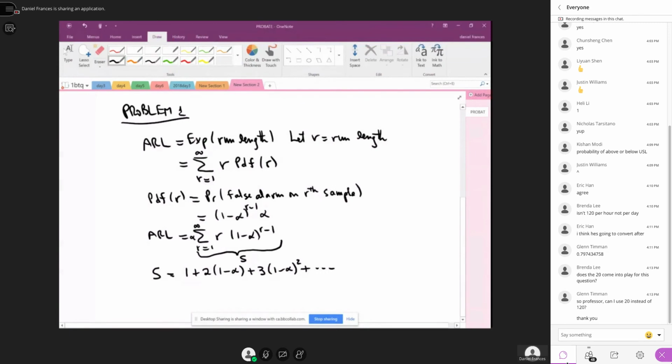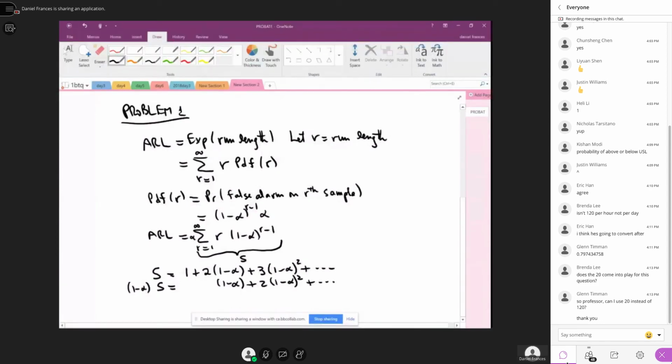Well, if you paid attention to proofs in high school, you would realize that you can multiply this S by 1 minus alpha, and then what are you going to have? You're going to have this 1 times 1 minus alpha. You can shift it over here. And this 2 times 1 minus alpha is going to become 2 times 1 minus alpha squared. Are you with me?